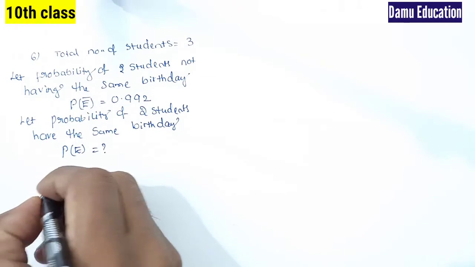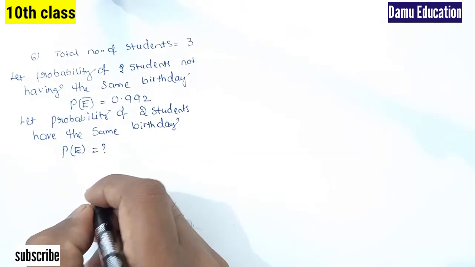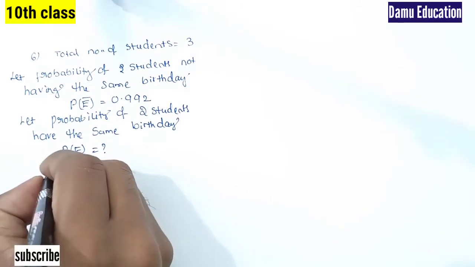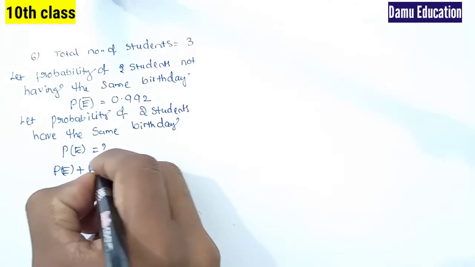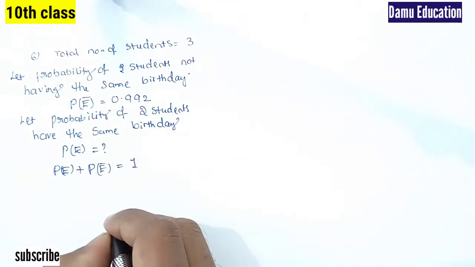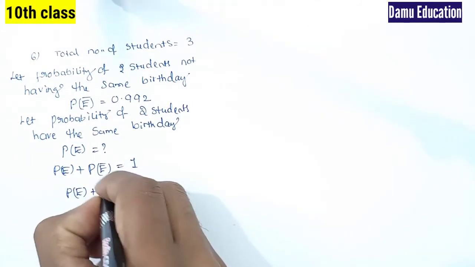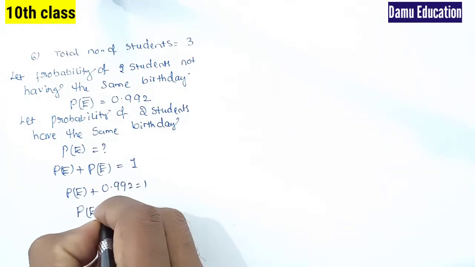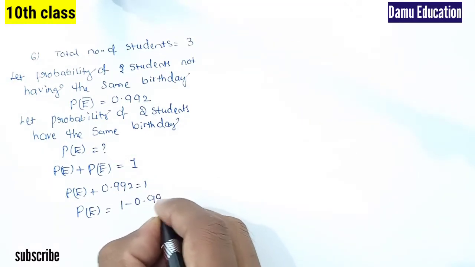What is the formula for the probability of an event and its complement? P of E plus P of E bar will be equal to 1. So P of E plus 0.992 is equal to 1. Then P of E will be equal to 1 minus 0.992.